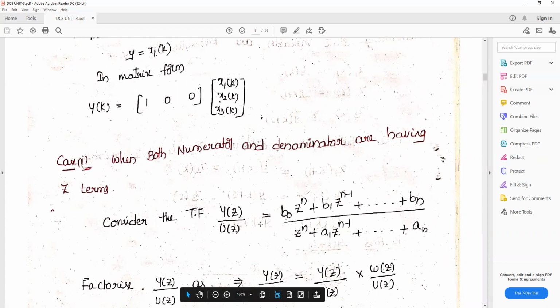Consider the transfer function y of z by u of z is equal to b0 into z power n plus b1 into z power n minus 1 plus b2 into z power n minus 2 plus and so on b suffix n, by z power n plus a1 into z power n minus 1 plus a2 into z power n minus 2 plus and so on an.